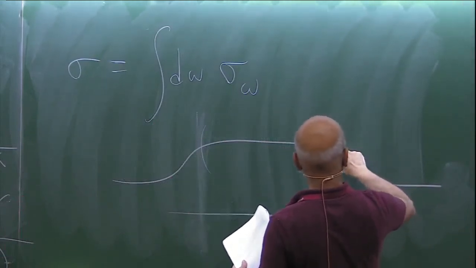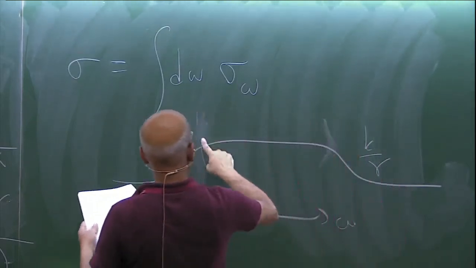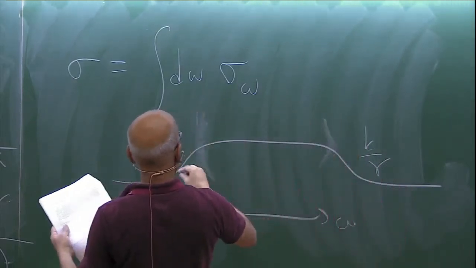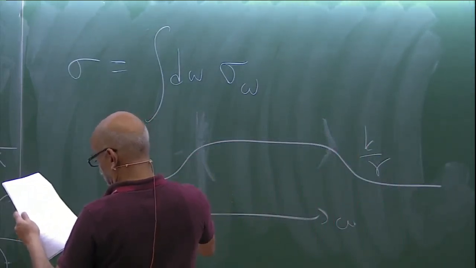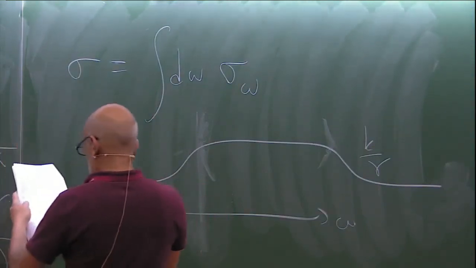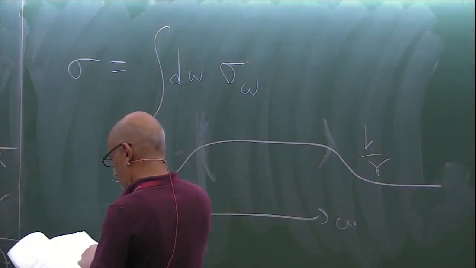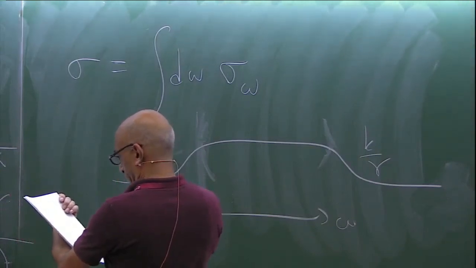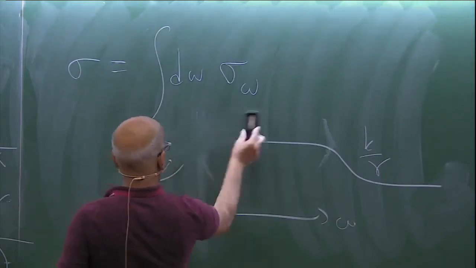One of them is little k over gamma, and the other is the time it takes the particle to equilibrate in the joint potential, big Q. Let me draw it slightly differently.